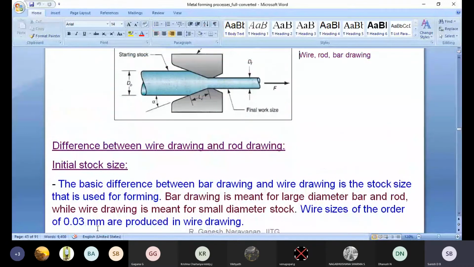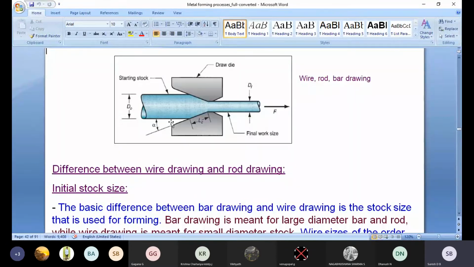In that case, the 50 mm diameter is first reduced to 30 mm, so the output or final workpiece size is 30 mm diameter only. Then this 30 mm diameter is again fed in between the two dies.